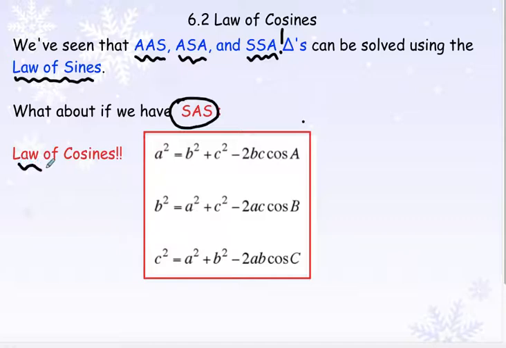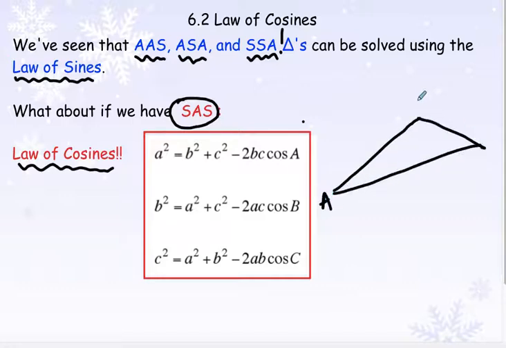So we have what is called law of cosines. And here are your formulas for law of cosines. The general idea is that we would be given two sides, so let's say side A and side C. And we would have to know the angle between those two sides, angle B, in order to solve for the side across from angle B. So here is the formula I'm referring to.